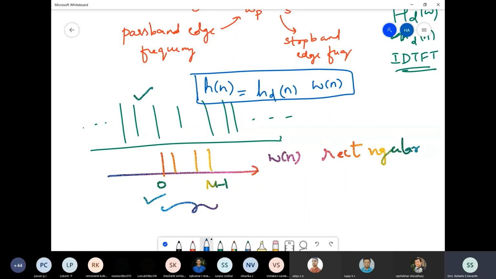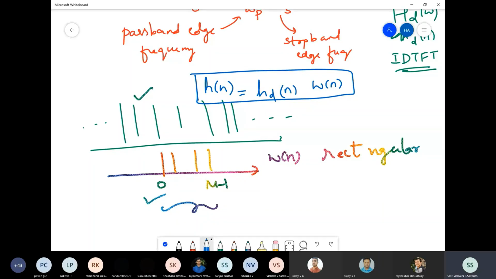HD of omega will be given. How do you write the expression for HD of omega? We'll see. HD of omega will be given to you. Using the inverse DTFT, you have to find HD of n. But you know from the DTFT concept that HD of n will be an infinite duration sequence. But we are interested in designing a filter which has a finite impulse response.